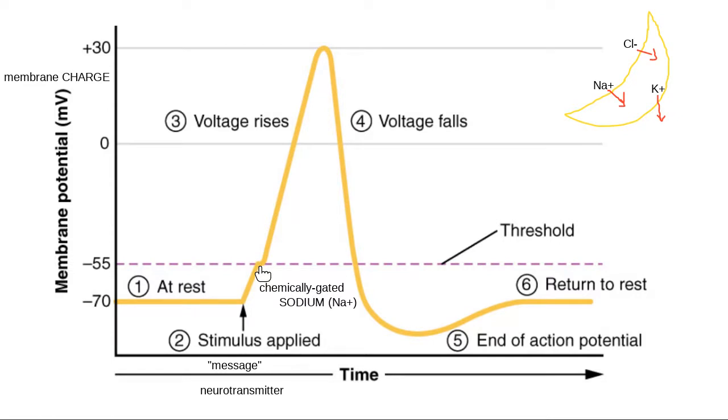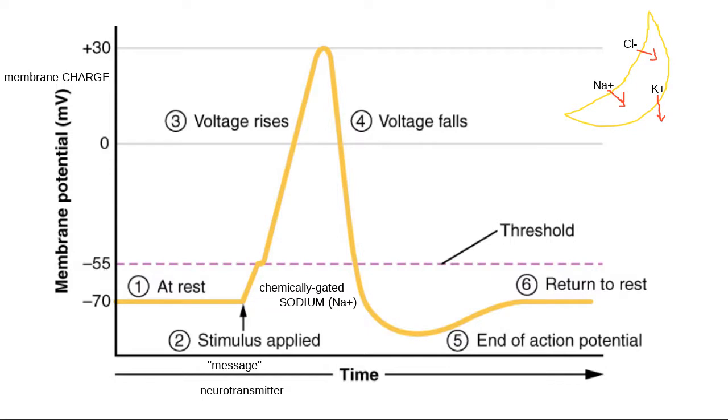The way I got this sodium inside is I got the right chemical that attached to my chemically gated sodium channel and started to bring sodium inside. Now, if that chemical brings in enough sodium, we hit an important value, another number that we need to know. The next number we need to know is something called threshold, -55.